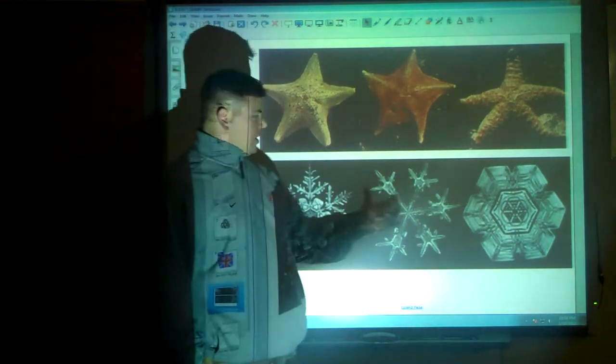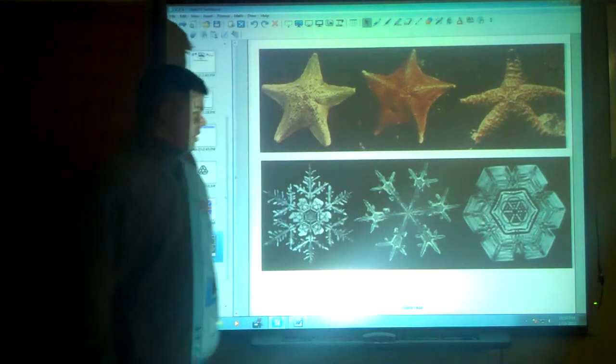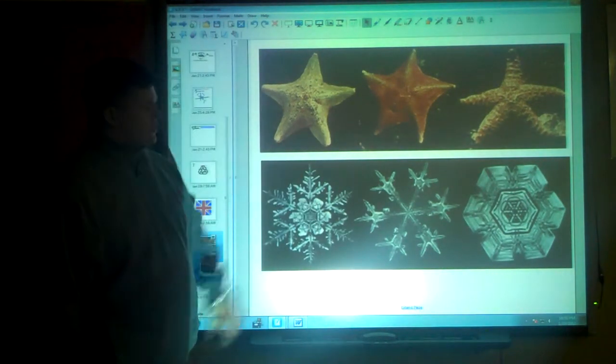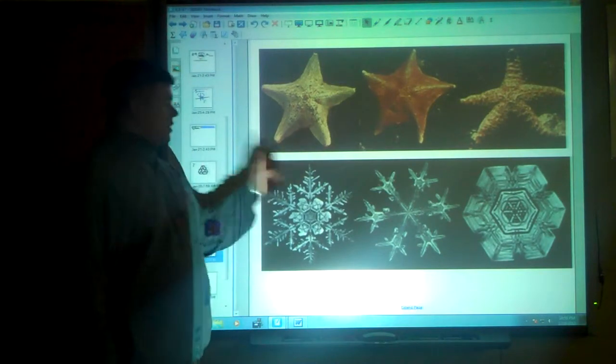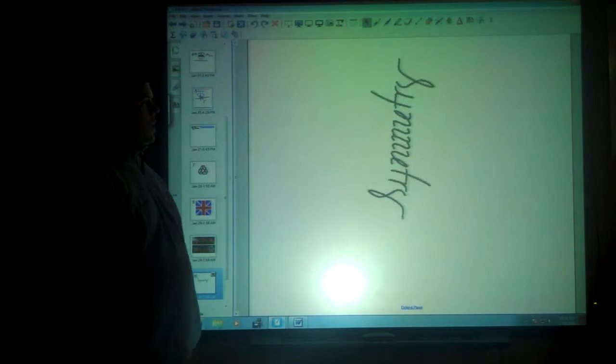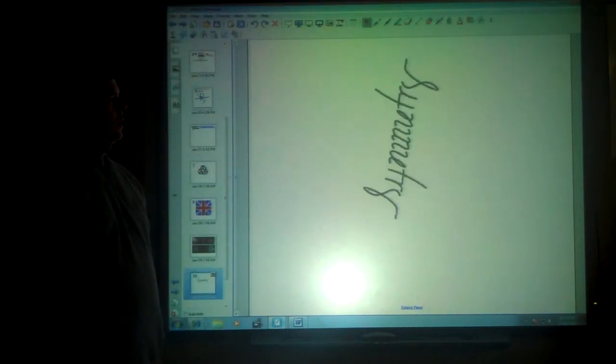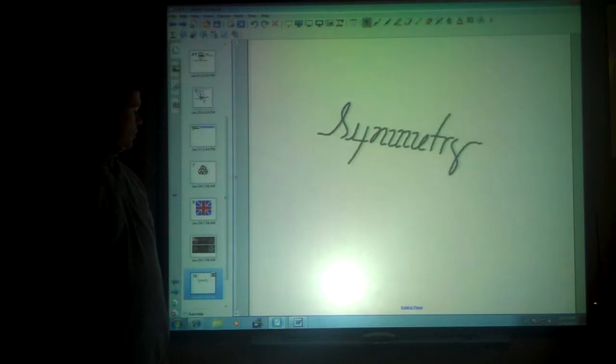These crystals in the form of snowflakes also have rotational symmetry. They can be rotated less than 180 degrees and still map onto themselves. This word, symmetry, has rotational symmetry. It rotates 180 degrees and becomes the same word, symmetry.